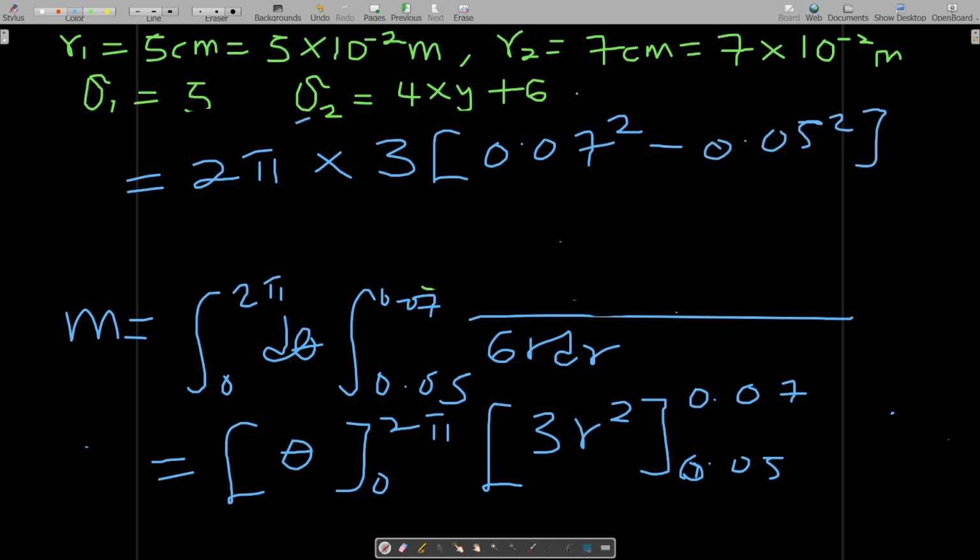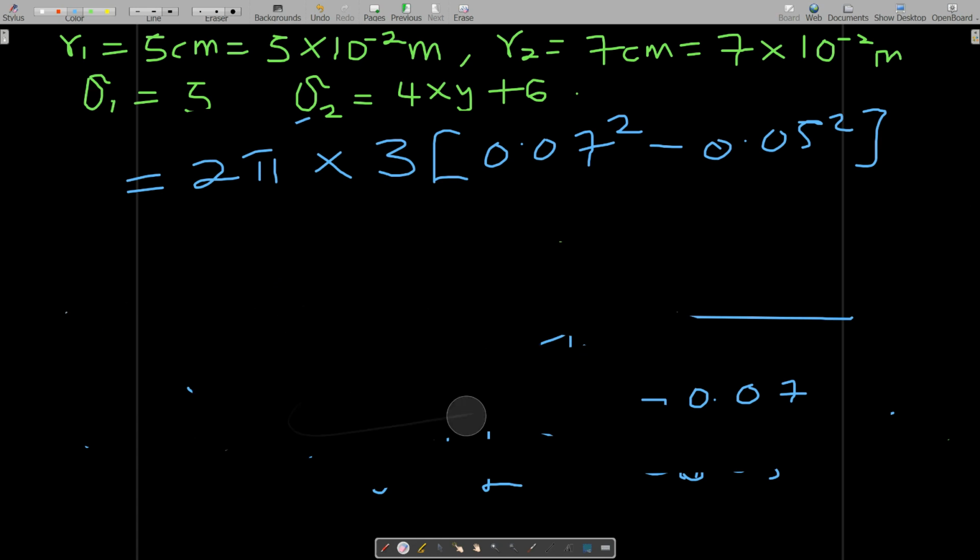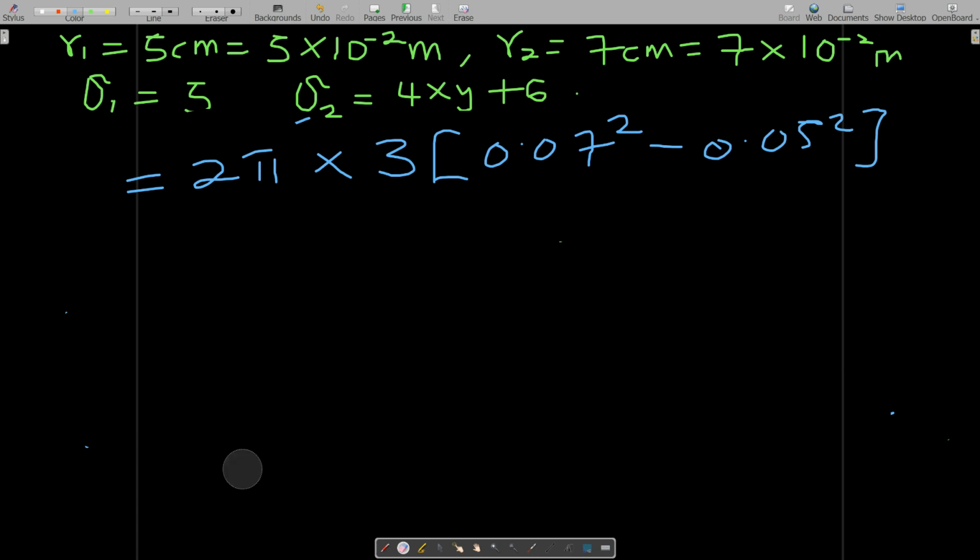Since we don't have anything yet, let's continue with this, and this simplification will give us 2 pi times 3, and that will give us 6 pi.